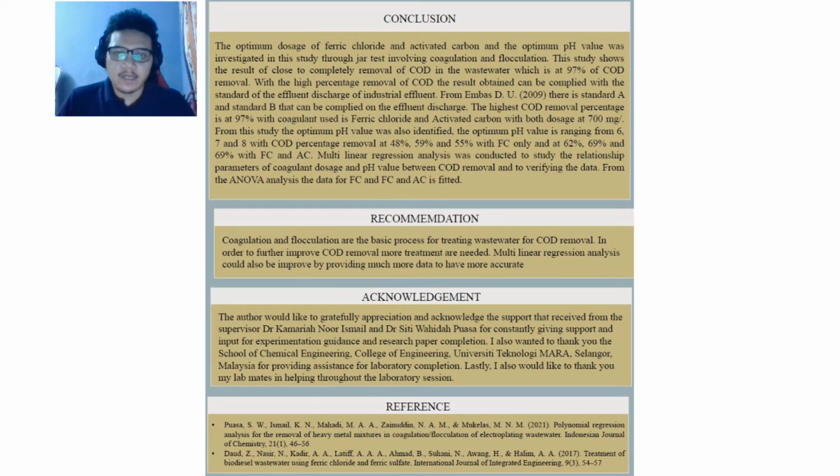With the high percentage of COD removal, the result obtained can comply with the standard of effluent discharge. The highest COD removal percentage is 97%, with the coagulants used being ferric chloride and acetic carbon, with both dosages at 700 milligram per liter.